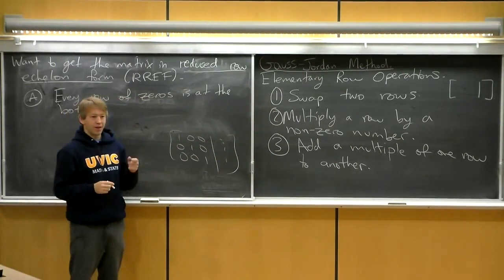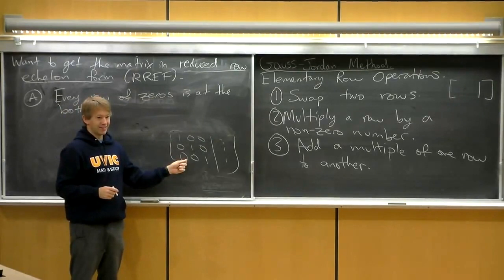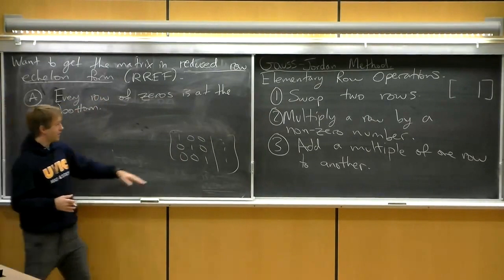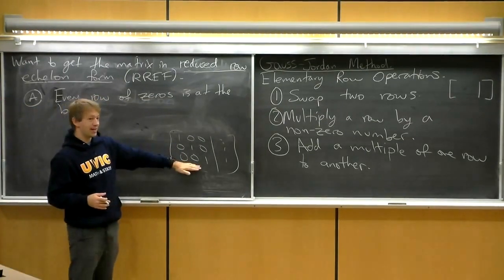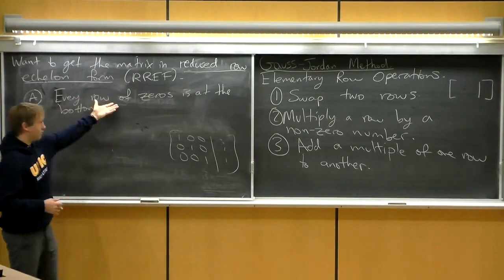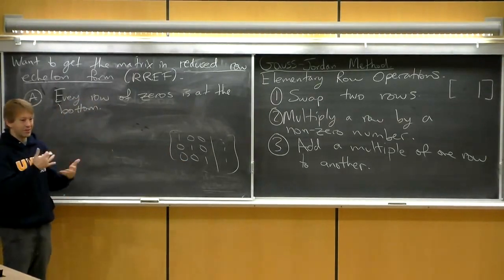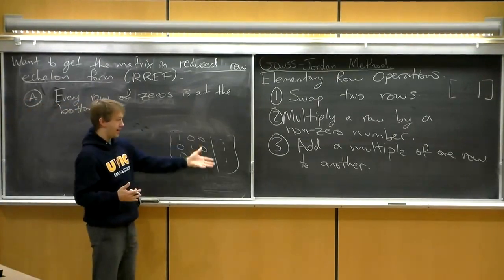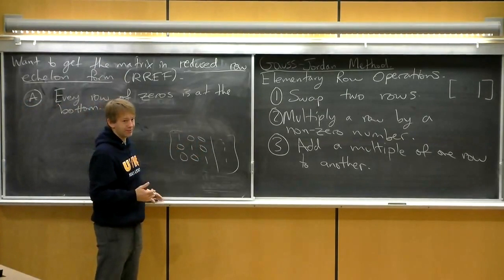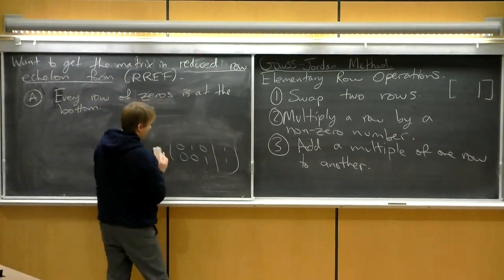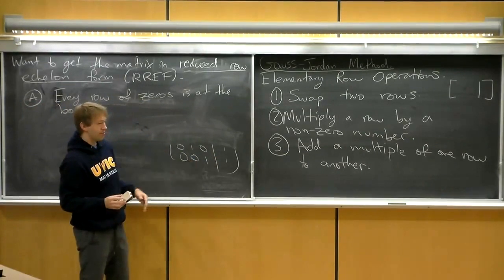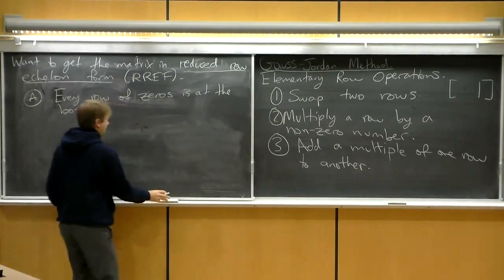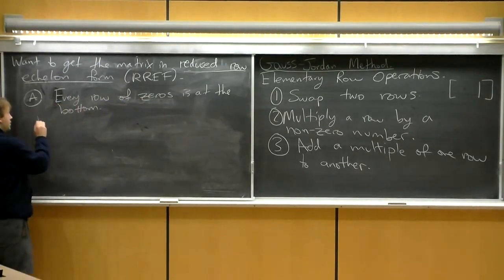Here's the thing: not all systems can be turned into this. So this is going to be a little bit broader of a criteria, because sometimes you can't get it like this. You might have, for example, a row of all zeros. So this is a more general format that you could get it into, where you can still get the answer. That's a good question. This would be reduced row echelon form, but it's a bit more general than that.